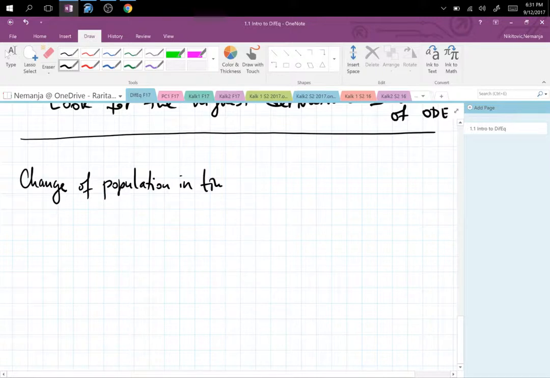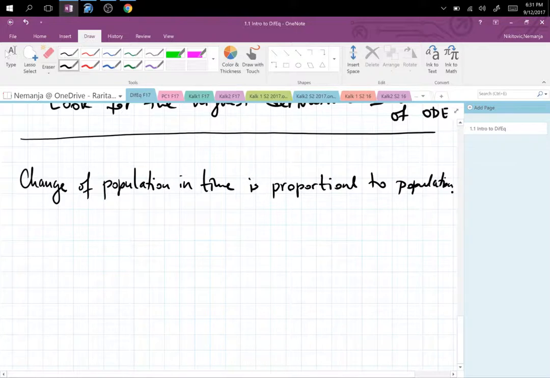I am struggling to keep this in one line because I need to write underneath and translate this English sentence into a mathematical sentence, known as the differential equation in this case.